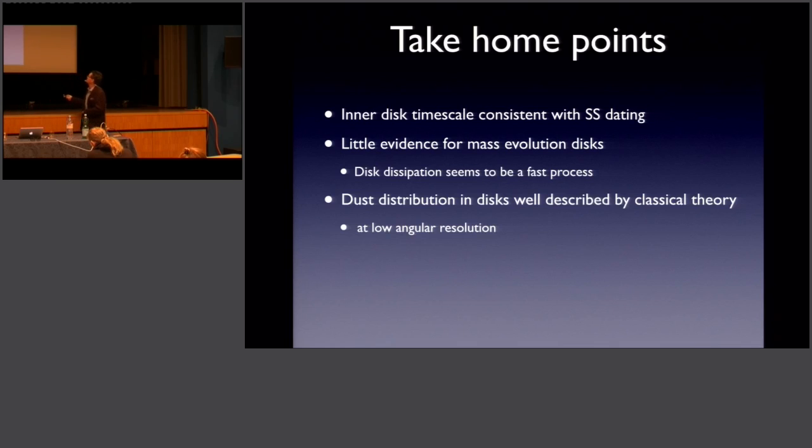The dust distribution of the disk is well described in the broad sense by the classical theory of a smooth surface density distribution. But when you look at the details, these disks obviously are not as boring as they looked at low angular resolution, as you have seen from the HL Tau disk.